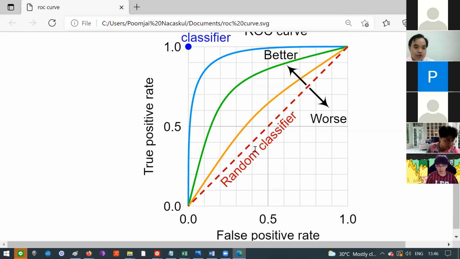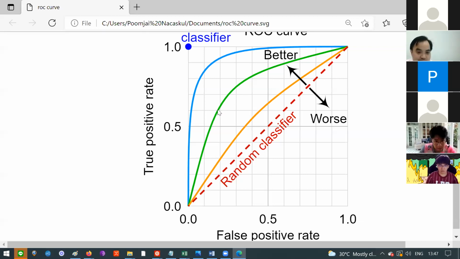Anyway, if a model is over here, I'm just pointing at one, a model sort of ranks a person from most likely to have cancer to not likely to have cancer. And you can screen, take the top half or take the top 10%, so you can be more stringent, right? So let's say you are over here.